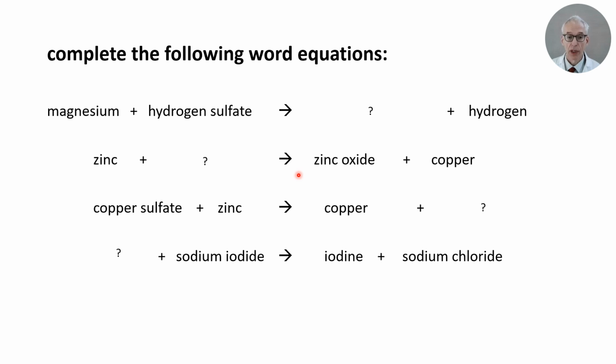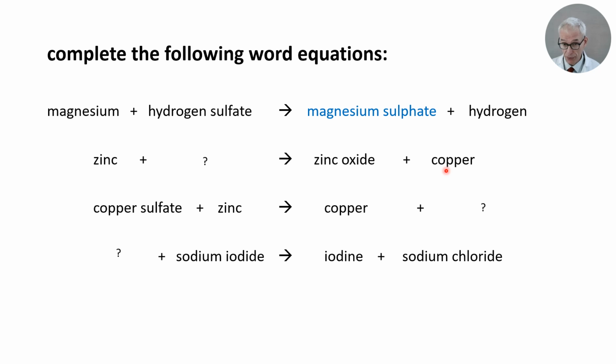Okay, so magnesium and hydrogen sulfate produce hydrogen, so this is chemical change, so this shows there is a chemical reaction. Magnesium and hydrogen sulfate go to form hydrogen, and we keep the sulfate as a group, so we're left with magnesium sulfate. The second one, zinc, and the missing compound goes to form zinc oxide and copper.